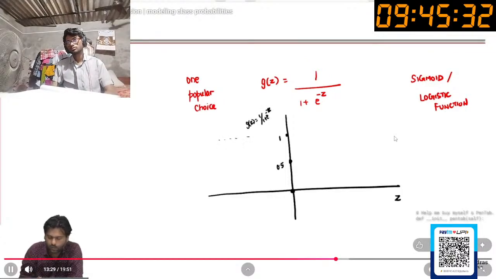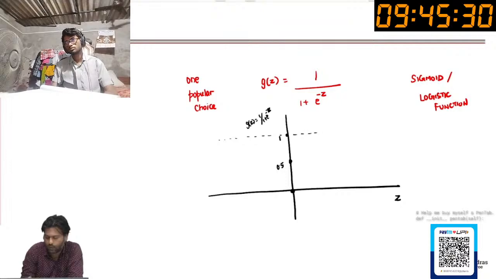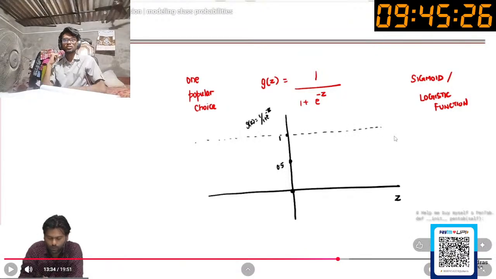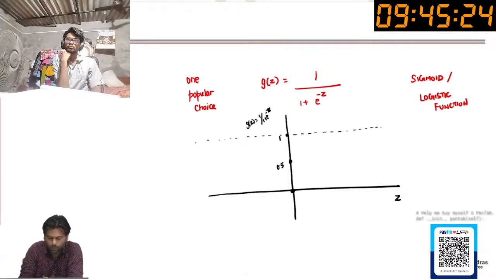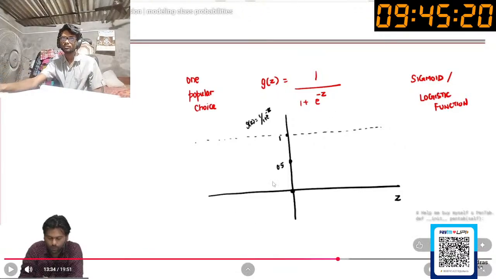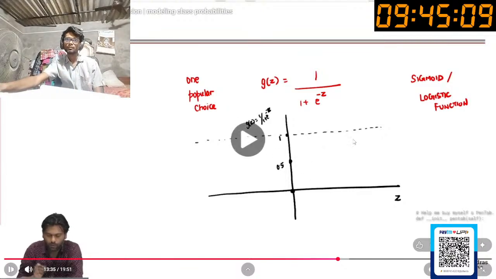Let us put a virtual line here. We just need to substitute the value of z equals 0. So this will be 1, and 1 by 2 is 0.5. So we are getting 0.5 here.